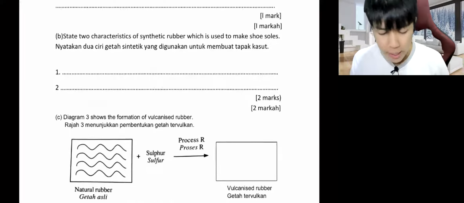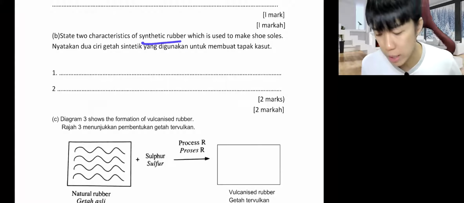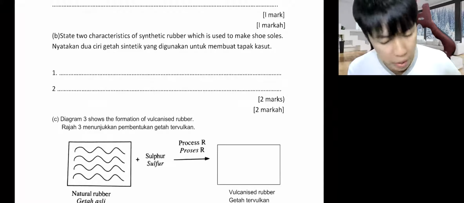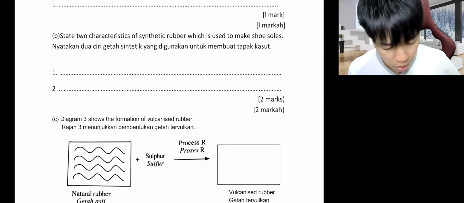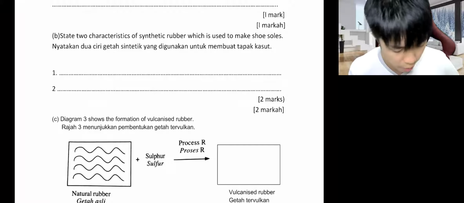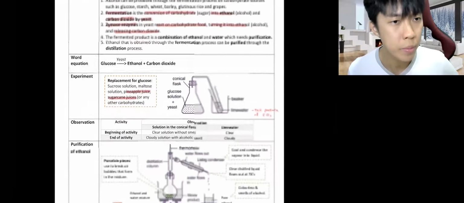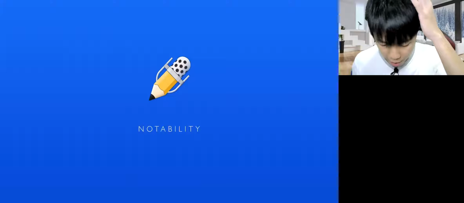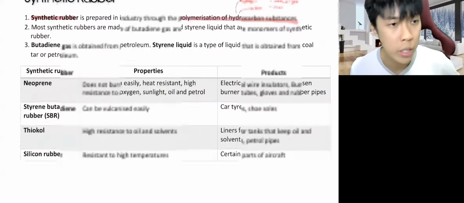State 2 characteristics of synthetic rubber to make shoe soles. Theory lah, guys, theory. You got to spend time and sit down and read, you know. Where is it again? Okay, no, chapter 7. Chapter 7 here.